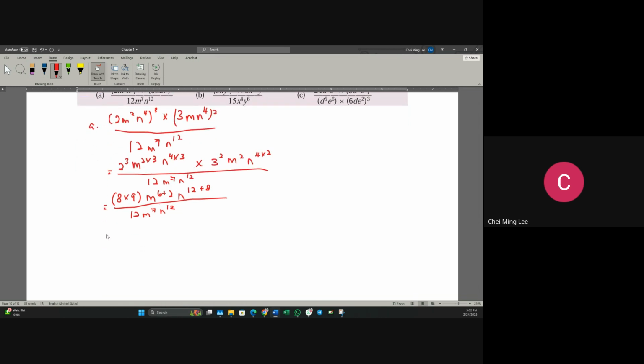So with this, we will get 72 over 12. And then m to the power of 8 minus 7, n to the power of 20 minus 12. So for this one, I think it's 6 m, 8 minus 7 is 1, m, n to the power of 8. So I guess this should be the answer for the first one.